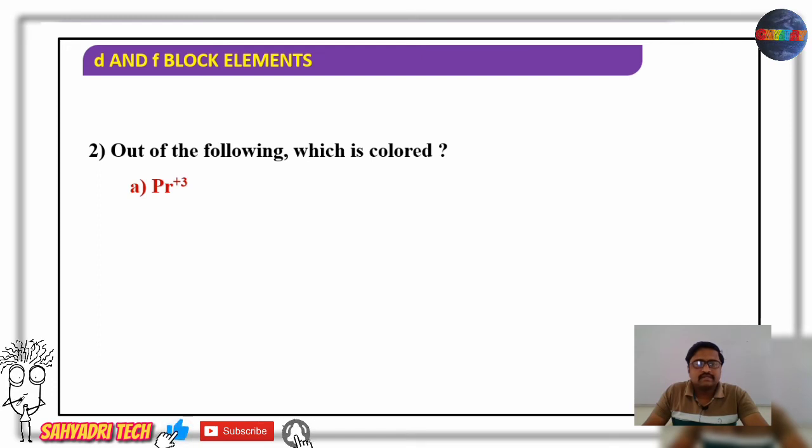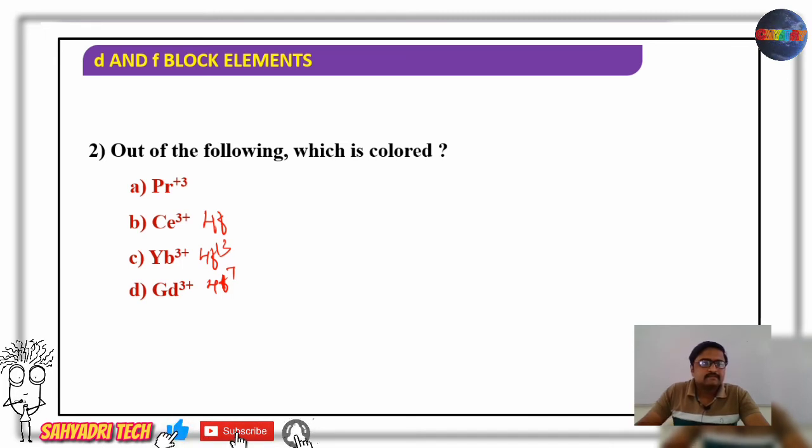Out of the following, what is left is praseodymium 3+, which is the colored one.